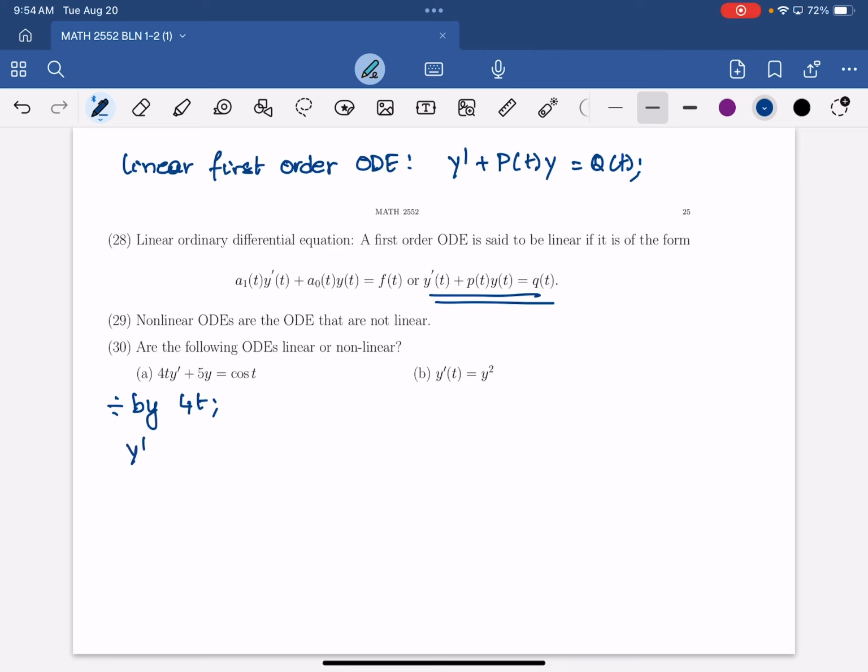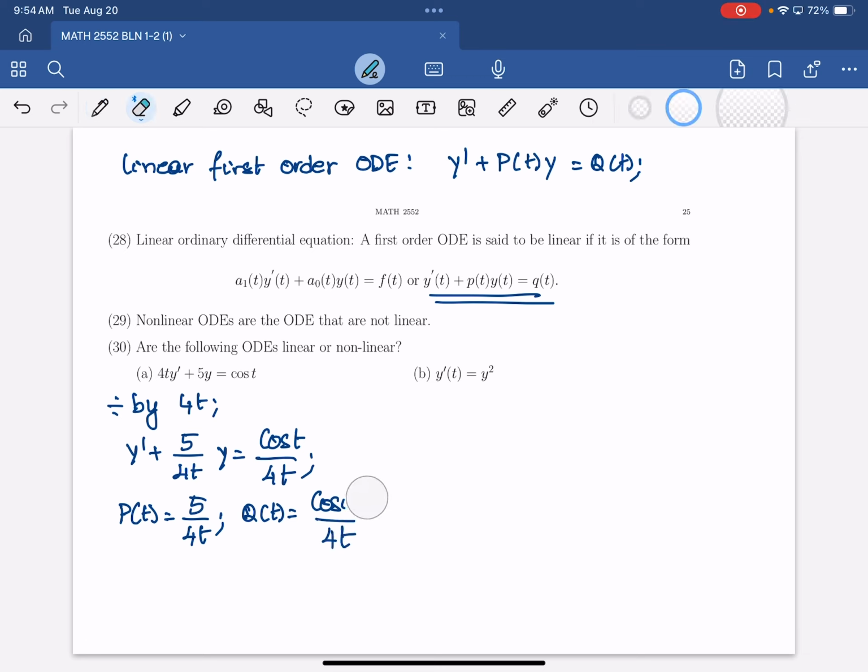So you write y prime plus 5 divided by 4t times y equals cosine t divided by 4t. So the coefficient of y prime is 1. The p of t is 5 divided by 4t. The exponent of y is 1. And the q of t is cosine t divided by 4t.